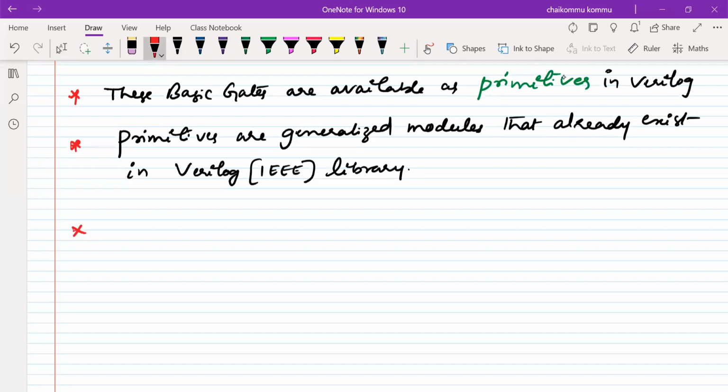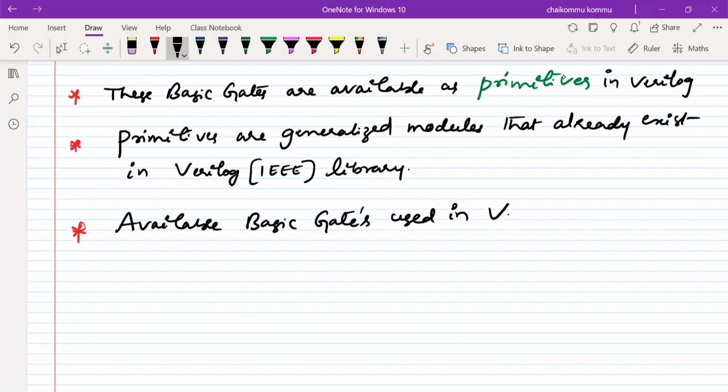So what are the basic gates available in Verilog HDL?